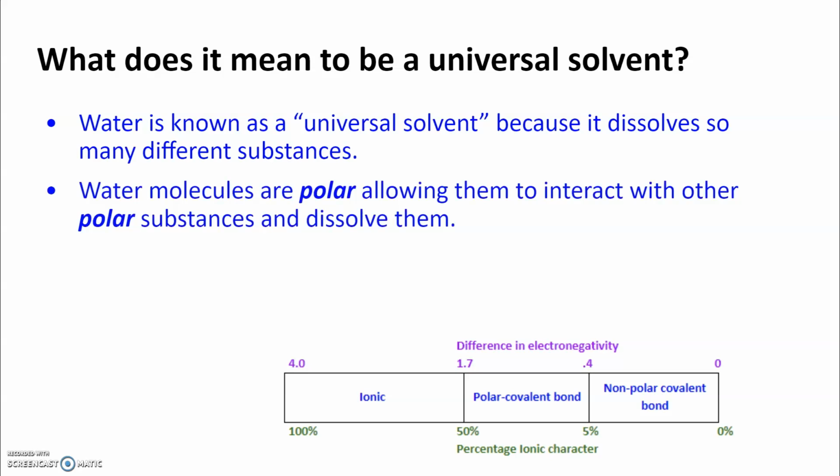Water molecules are polar, as we learned last quarter, and that allows them to interact with other polar substances to dissolve them. Water molecules act like little magnets. We talked about that. And so they like to interact with other molecules that are also little magnets.